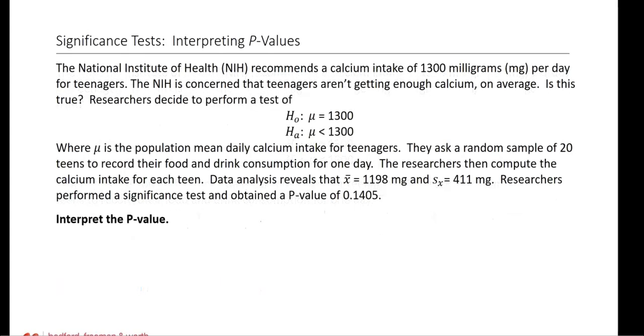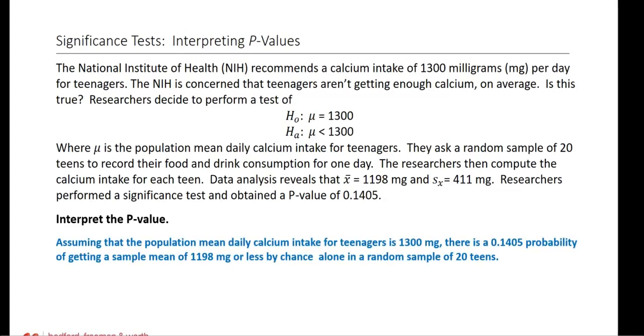Interpret the p-value. One of the things when you interpret the p-value, you have to say, given or if the null is true, the mean intake of 1,300 milligrams is the daily mean calcium intake for teenagers, then there is a 14% probability of getting a sample mean of 1198 or less by chance alone in a random sample of 20 teens.